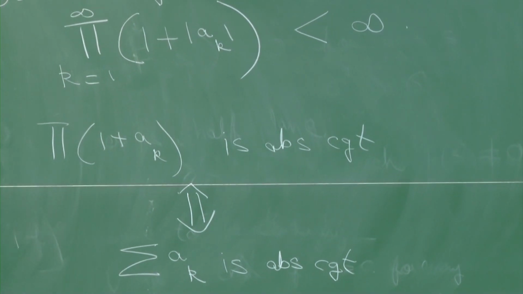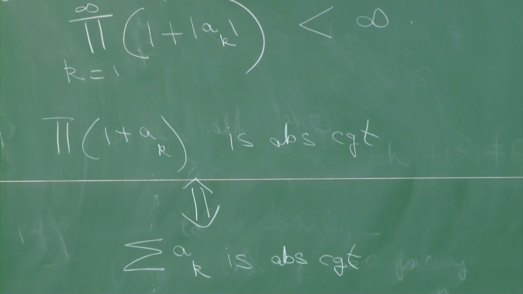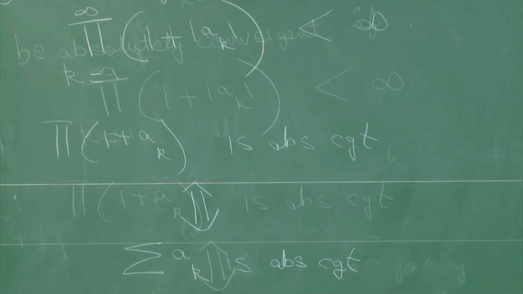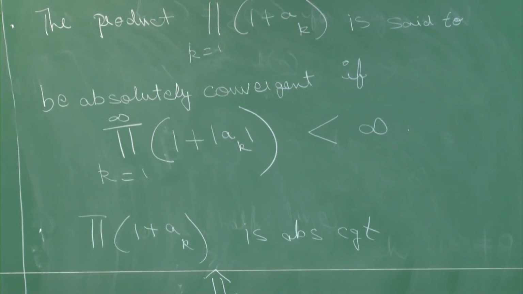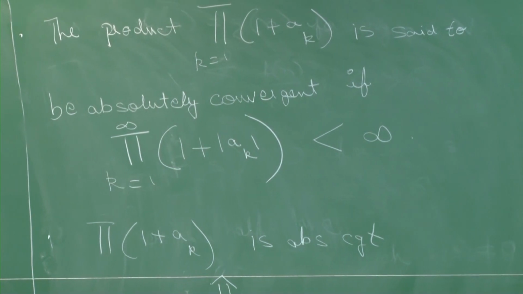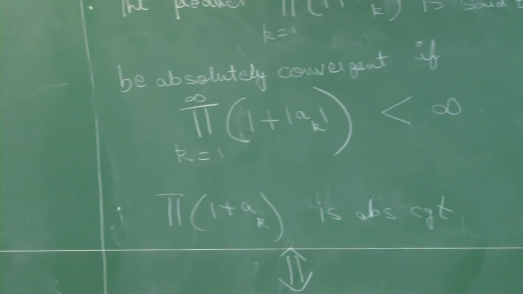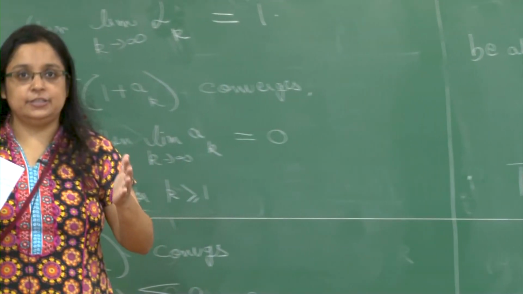This equivalence is important for us when we start talking about Euler products. One other observation: just like absolute convergence of a sum implies convergence of the sum, similarly absolute convergence of a product implies the convergence of that product.